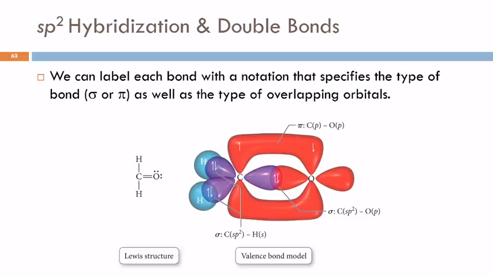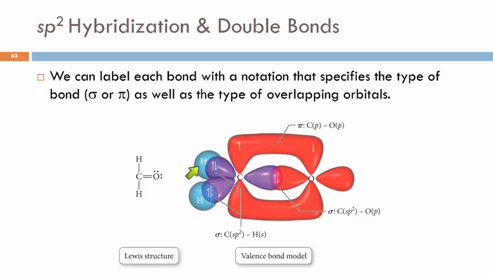We can label each of the bonds in this molecule, and this is something you'll need to do on the worksheet. We're going to label the type of bond, whether it's sigma or pi, and identify the orbitals on each of the atoms that are overlapping.